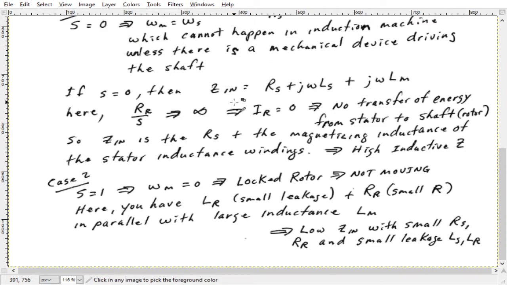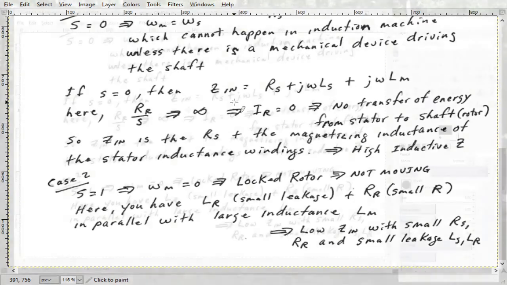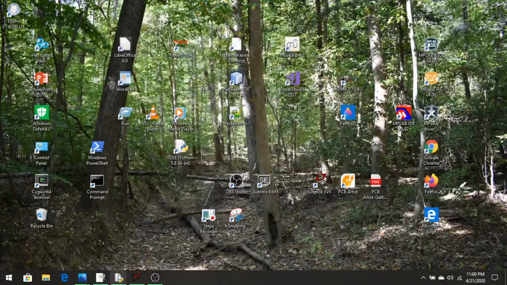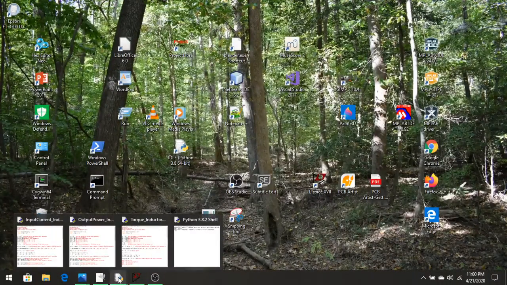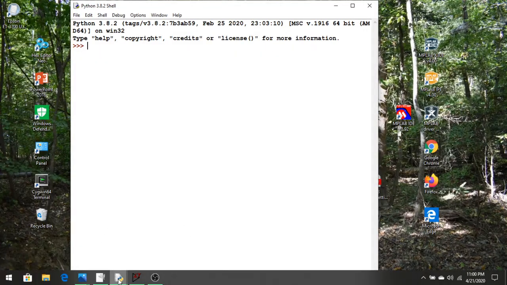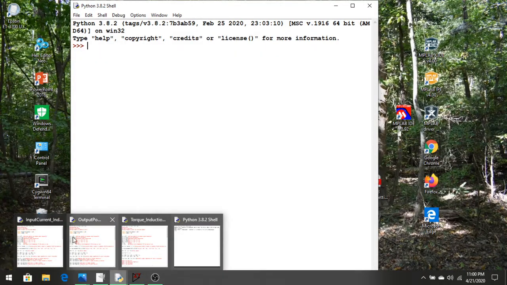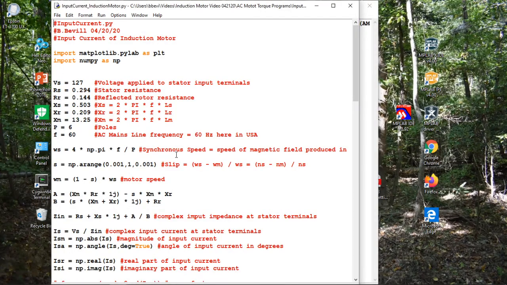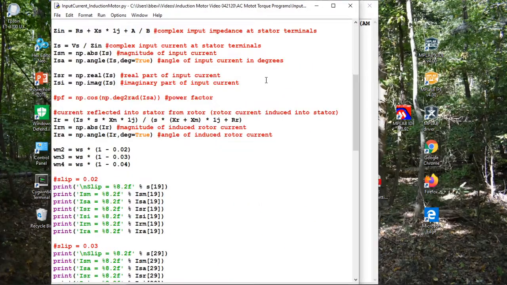So let's see here. Go to display. And let's pull up our trusty Python stuff. Let's pull this up, and let's pull up the one for input currents. Okay, so this is pretty much a lot of the stuff that we had before.